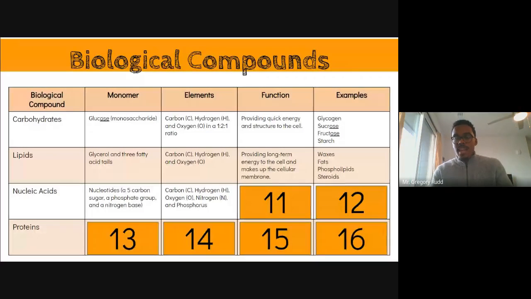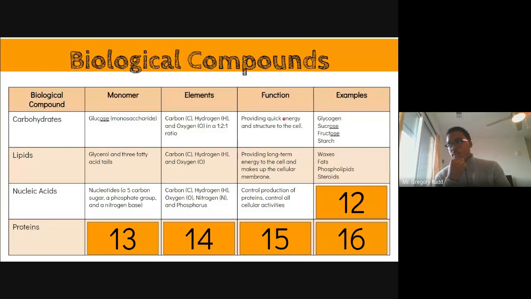What does DNA do for living organisms? We talked about this earlier in the lesson. They control cellular activities, and then ultimately they control the production of proteins. Good. And then Nick already told us that DNA is an example, but we also have RNA as well. And there are different types of RNA: mRNA, tRNA, rRNA.